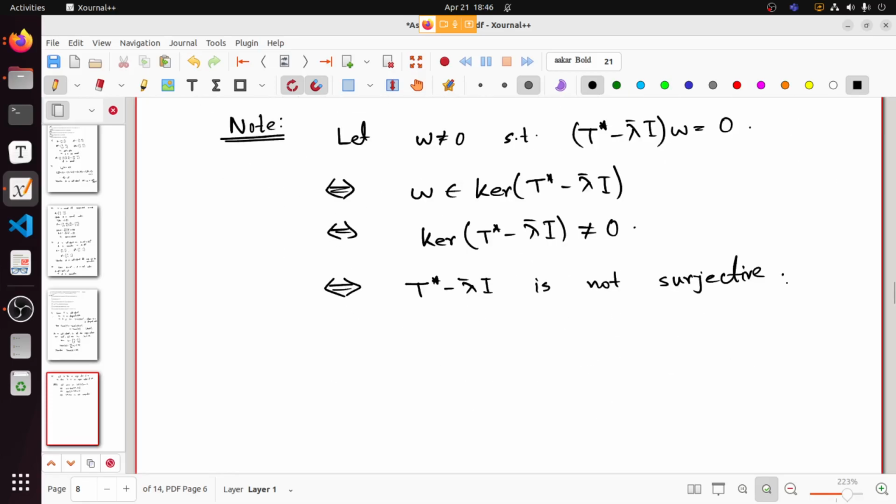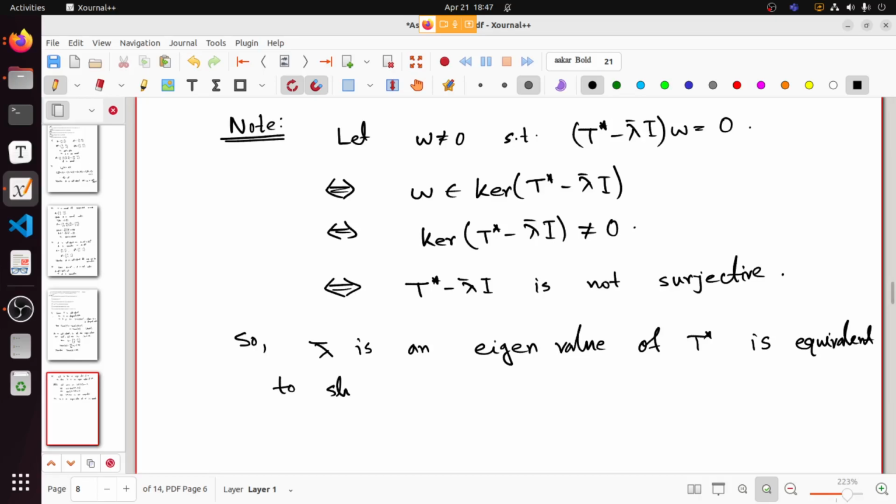So showing that lambda bar is an eigenvalue of T star is equivalent to showing that T star minus lambda bar I is not surjective.